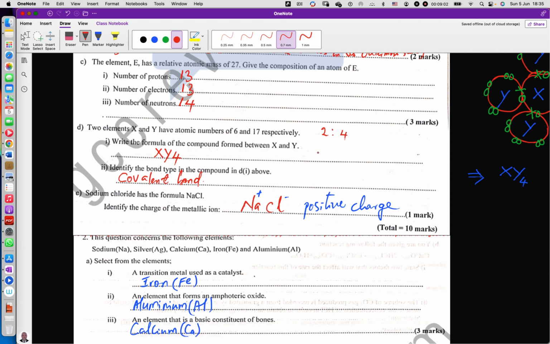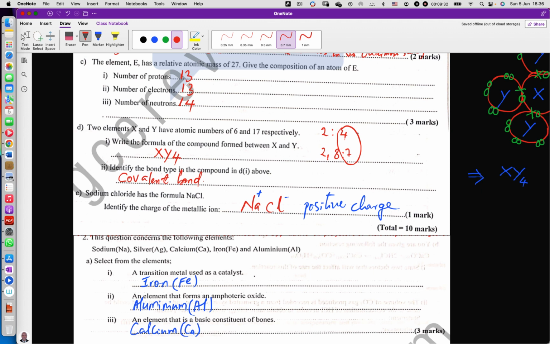Then the electronic configuration of the element with atomic number 17 will be 2, 8, 7. We are saying that X has 4 electrons in the outermost shell.